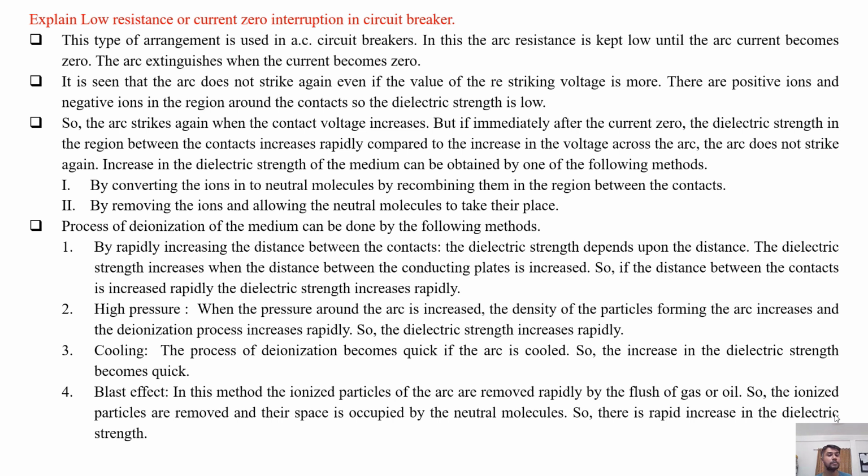So the ionized particles are removed and the space is occupied by the neutral molecules. So there is a rapid increase in the dielectric strength. So these are some methods to increase the deionization process and allow the quenching of the arc in the medium at the zero current interruption time. So this is how the low resistance or current zero interruption in circuit breakers takes place.